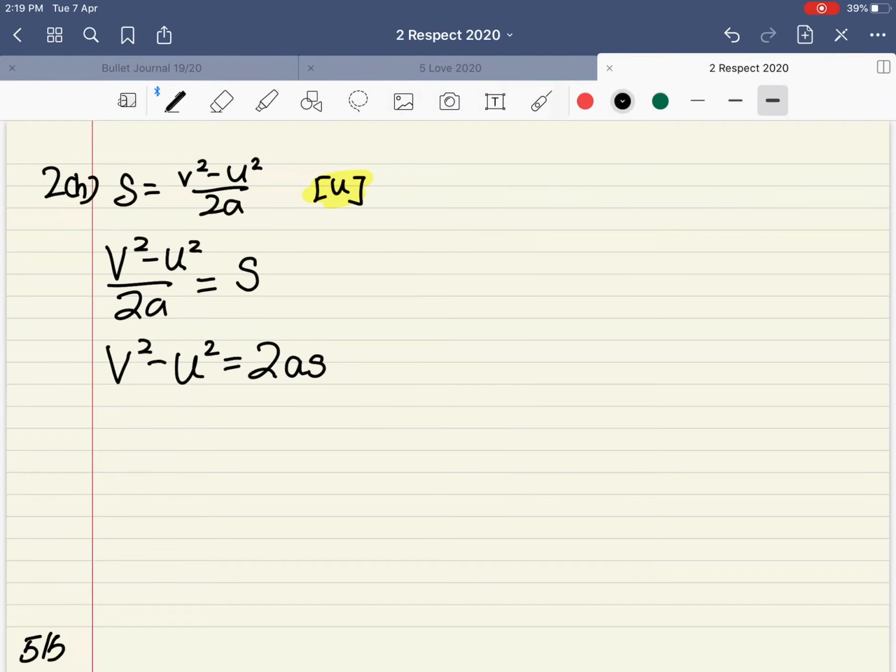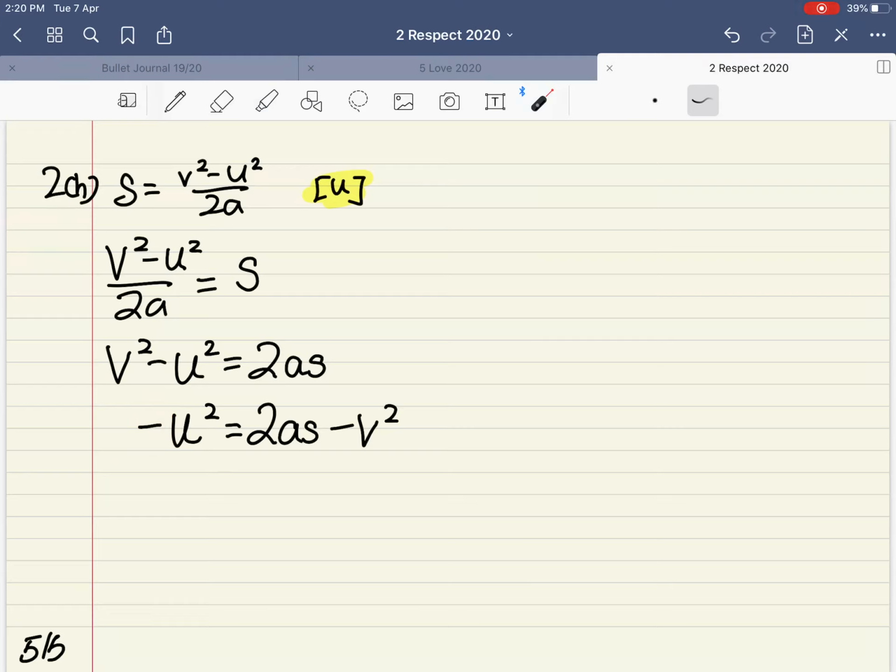Next, we should try to make u the subject of the formula. Hence, I will deal with v squared. So if I deal with v squared, what I have is negative u squared equals 2as minus v squared. If you notice, there is a negative symbol in front of u squared. That's a bit troublesome.